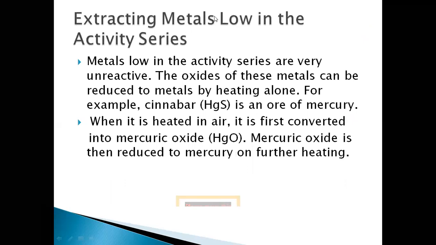Now, the extraction of metals low in the reactivity series. Metals low in the activity series are very unreactive, like we have said right now. Which ones? Mercury, silver, gold. The oxides of these metals can be reduced to the metal by heating only.